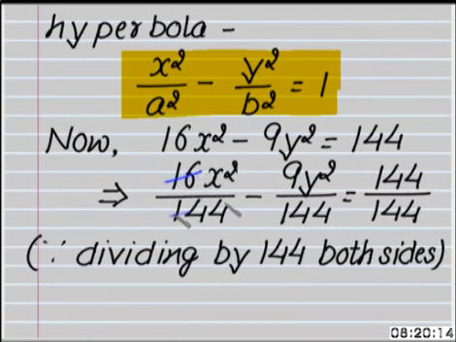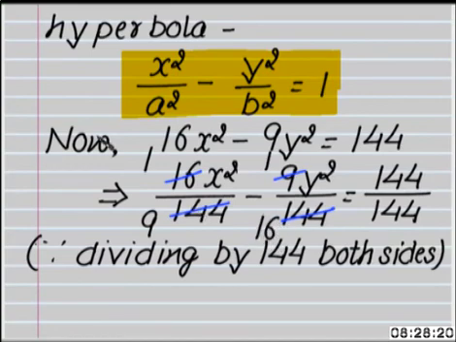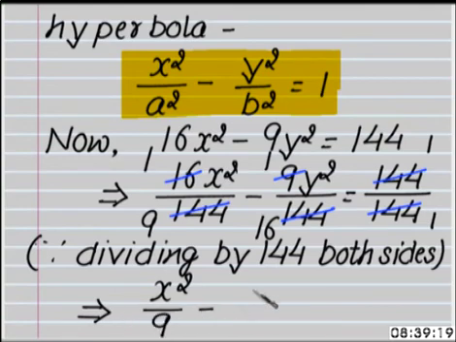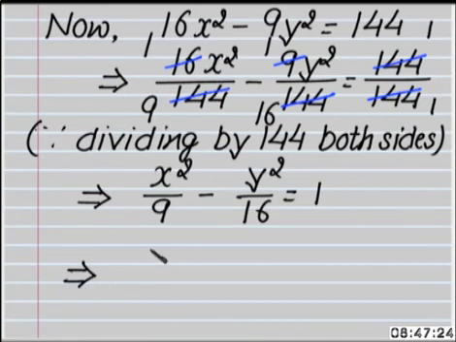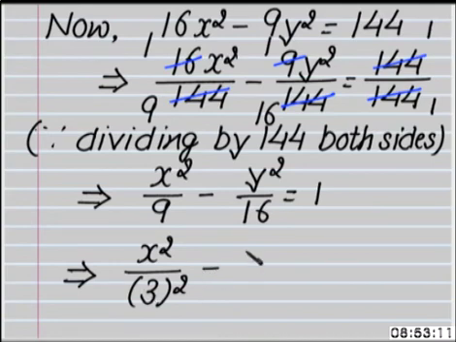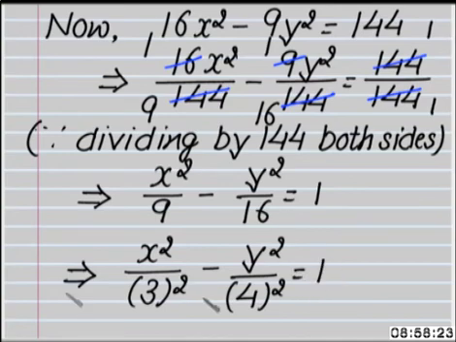So on solving, it is equal to x square upon 9 minus y square upon 16 equal to 1. Further, we can write it as x square upon 3 square minus y square upon 4 square equal to 1.